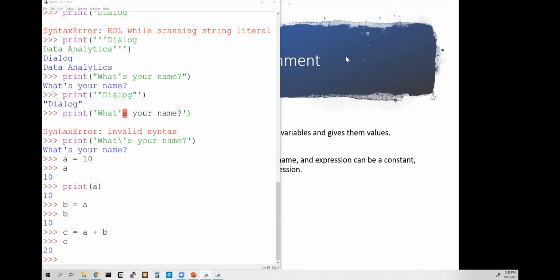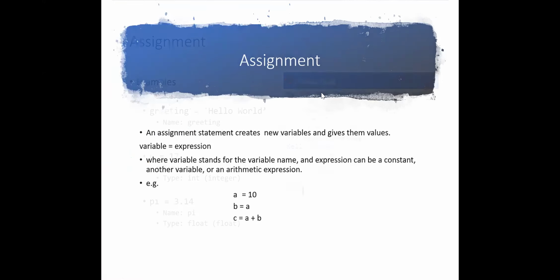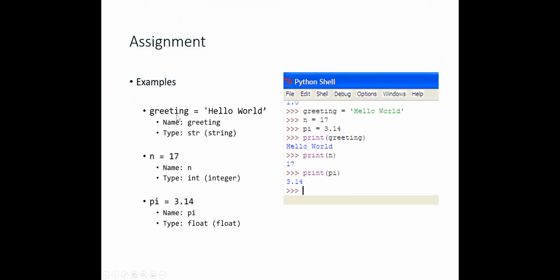Similarly, let me show you some examples of assignment. Here we say greeting is hello world, the name of the variable is greeting and the type is str. Then the second one, n equals 17. The variable name is n, the type is integer, value 17.